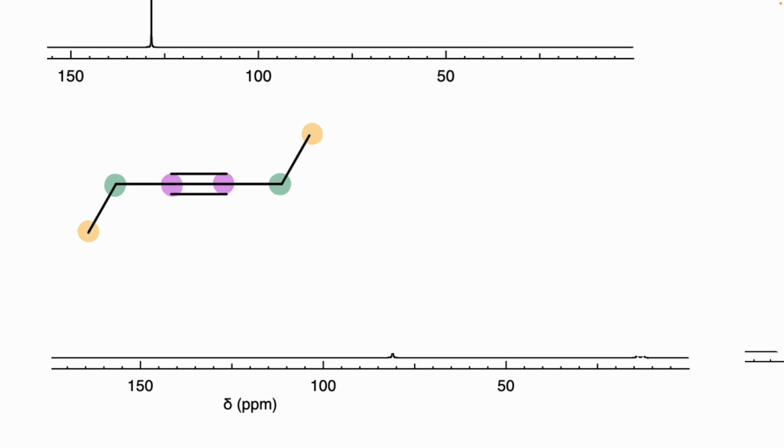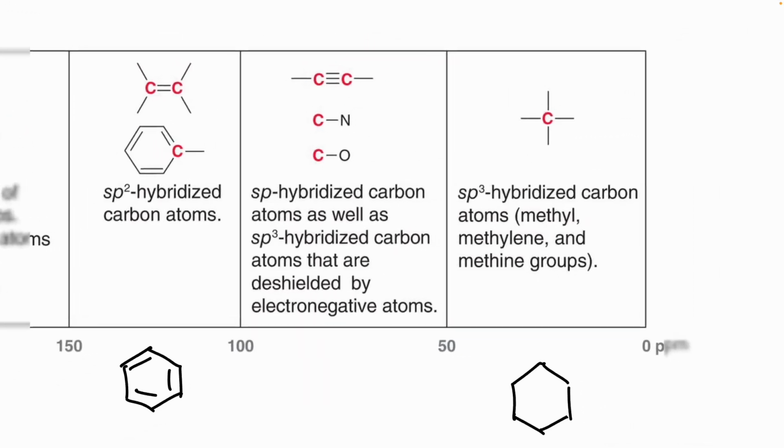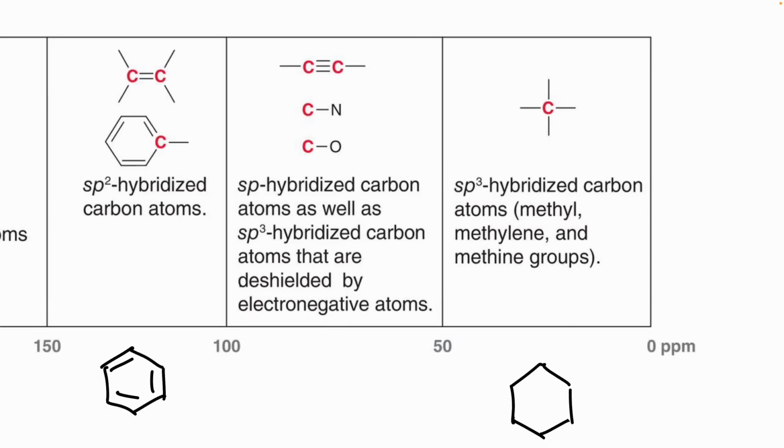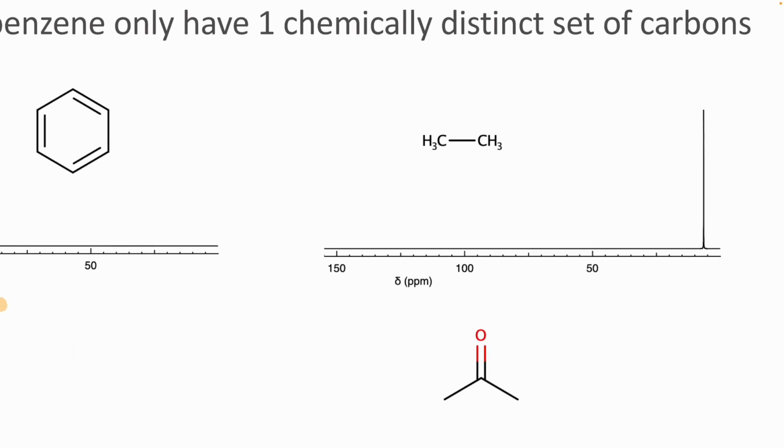Okay. Where would we expect to see these peaks on our diagram? Let's look at this little chart here. Okay. 2 of those peaks are just these sp3 hybridized carbons. And then one of them is that special sp hybridized carbon in that triple bond.